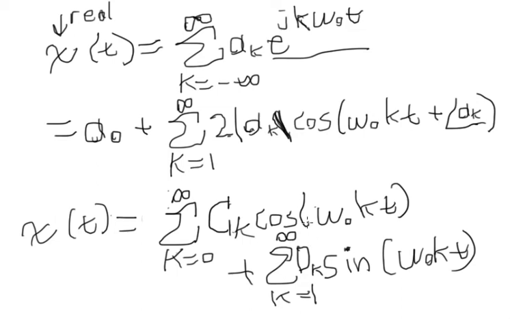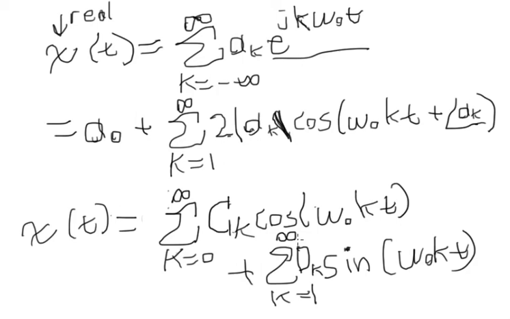So this is what you'll see in math textbooks. And you'll see the formula for figuring out your big C's that has a sine in it. Your formula for figuring out these D's will have a cosine in it. So it's very similar, but they have the split. So instead of having this big set of AKs, they'll have a big set of, let's say, capital C's and a big set of, say, capital D's.